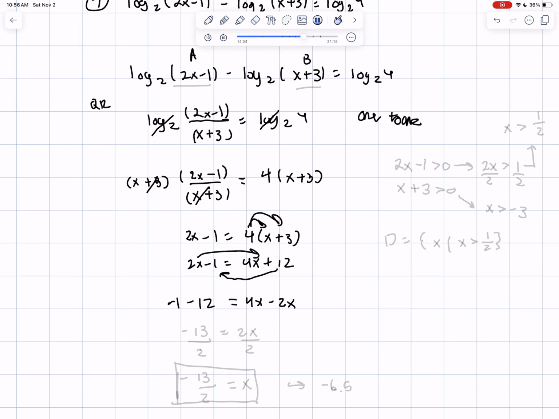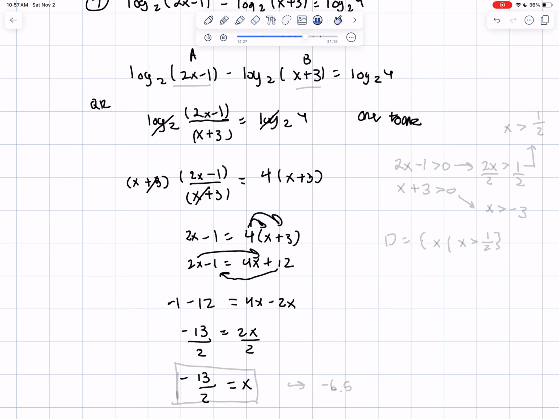Yes, we move the 2x, it becomes negative, move the 12 over, it's negative. So that means we have minus 1 minus 12. It's negative 13. And then we get 4 minus 2, which is 2x. Divide the 2 out, and we should get x equals negative 13 over 2.